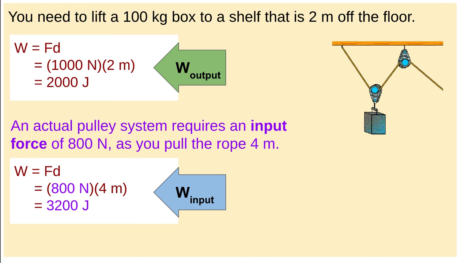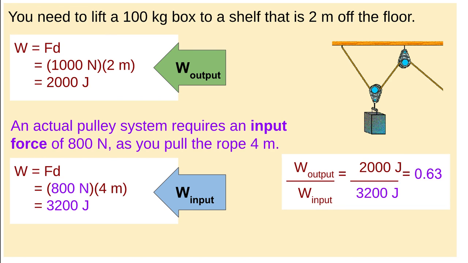And so the amount of work that we put in might have actually been something more like 3,200 joules. And so when we calculate the efficiency, our output divided by our input doesn't end up being 1. It's only 0.63. And so we would state that as a percentage as 63%.